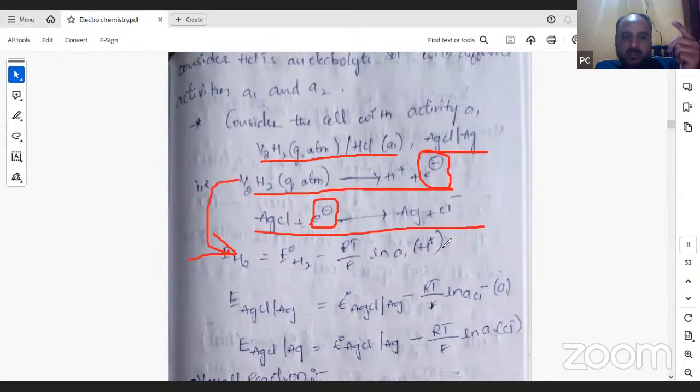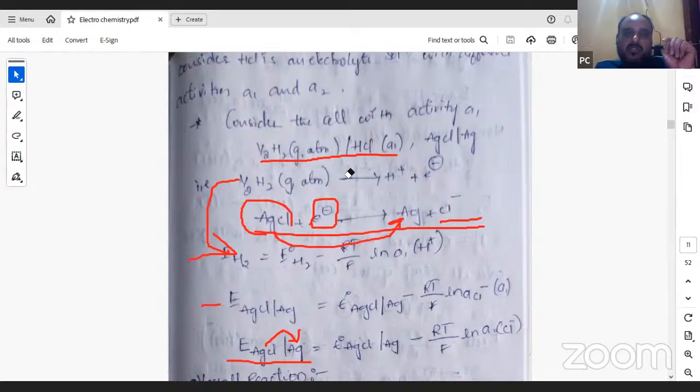Then for the silver chloride electrode, E of AgCl by Ag, this representation means AgCl is converted to Ag. So these are the two.